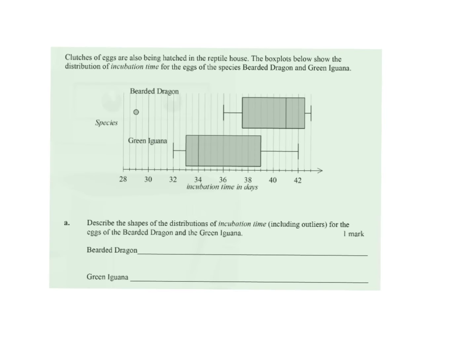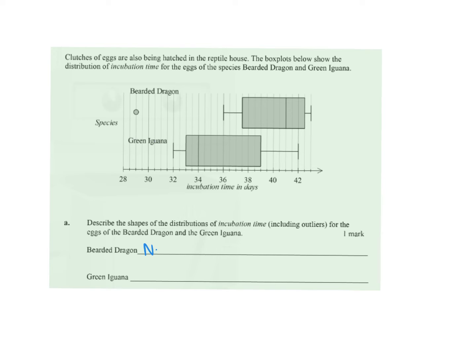Okay? So clutches of eggs are also being hatched in the reptile house. The box plots below show the distribution of incubation time for eggs of the species of the bearded dragon and the green iguana. So it's asking me to describe the shapes of these two. So the top one is the bearded dragon. What type of shape do we think that is?